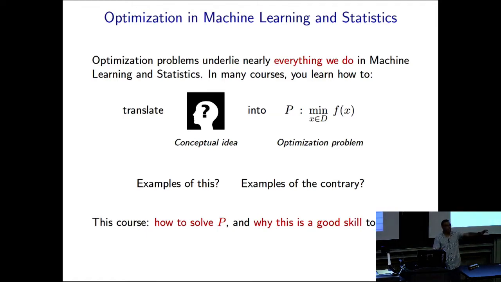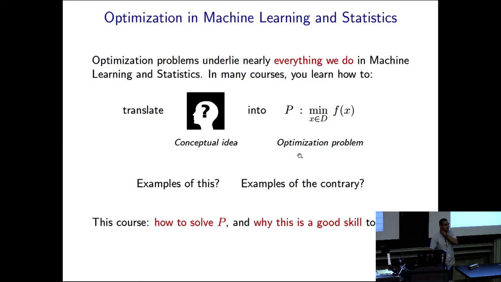You learn how to translate that idea into something mathematically well defined in the form of an optimization problem. So we translate that into, for example, I want to find the coefficients that minimize the squared error. So I want to do least squares regression between the responses and the features. So that's an example of translating some kind of conceptual idea into an optimization problem.